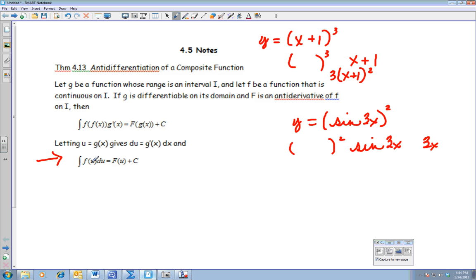So f of u, and then du stands for the derivative of u. So if I have a function with something u times the derivative of u, that's going to equal the antiderivative of u plus c because it's indefinite.